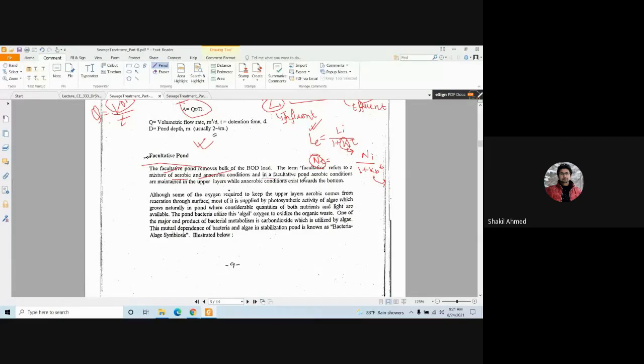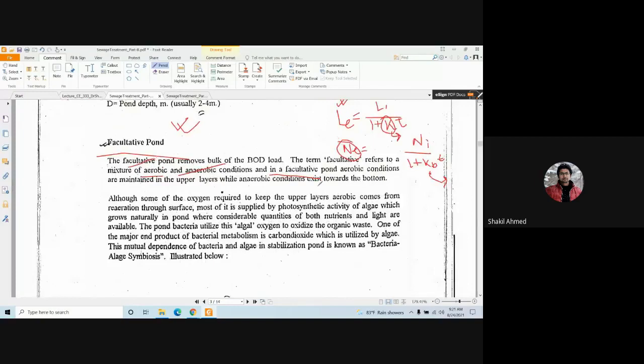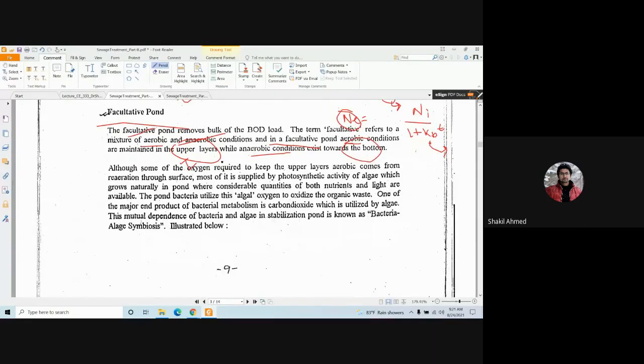So in a facultative pond, aerobic conditions are maintained in the upper layer, while anaerobic condition exists towards the bottom. Although some of the oxygen required to keep the upper layers aerobic comes from reaeration through the surface, most of it is supplied by photosynthetic activity of algae, which grows naturally in the pond.